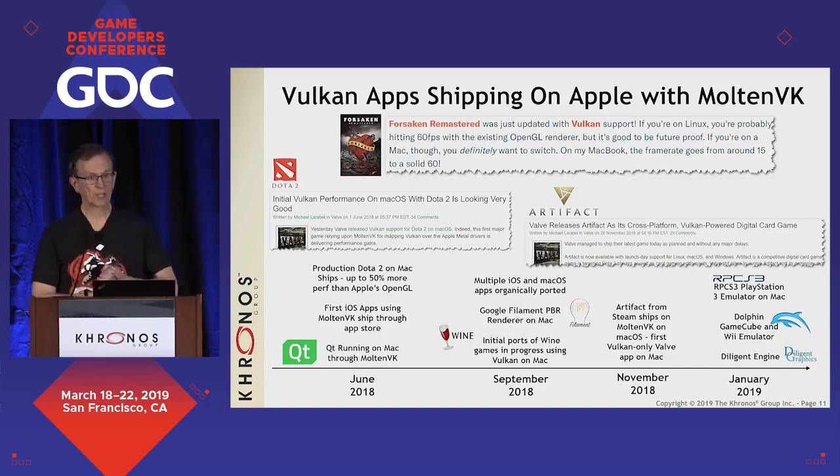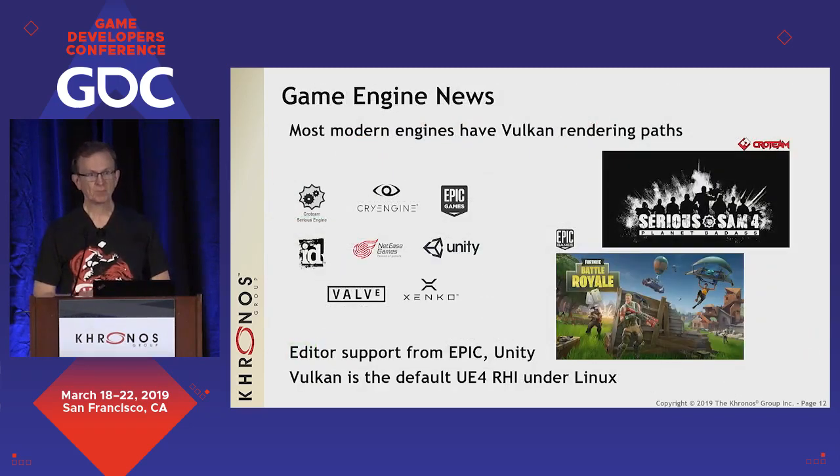Things happening in the platform space, in the application space. This, again, surprised the hell out of me. Dota 2 shipped at launch, and Valve did later ship Artifact as well. But the surprise is that not that long after we went public, stuff started shipping that we didn't even know about.